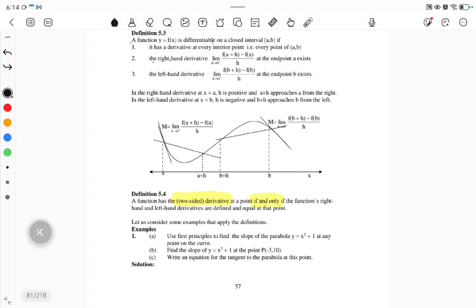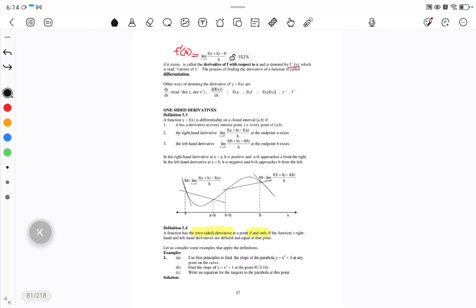Now let's use first principle to find the slope of the parabola at any point on the curve, right? So in other words, we should take this and derive it using first principle. They say at any point on the curve, so we're not going to specify which point.